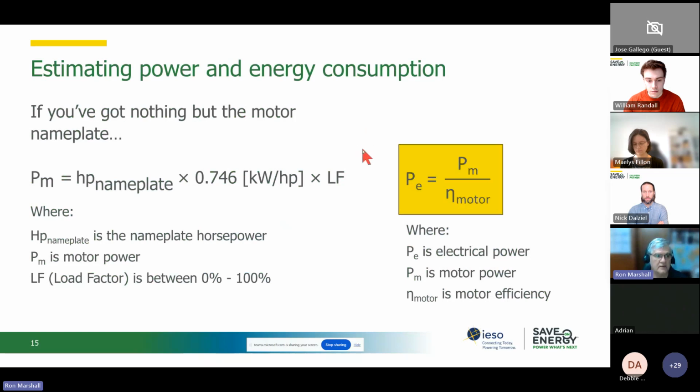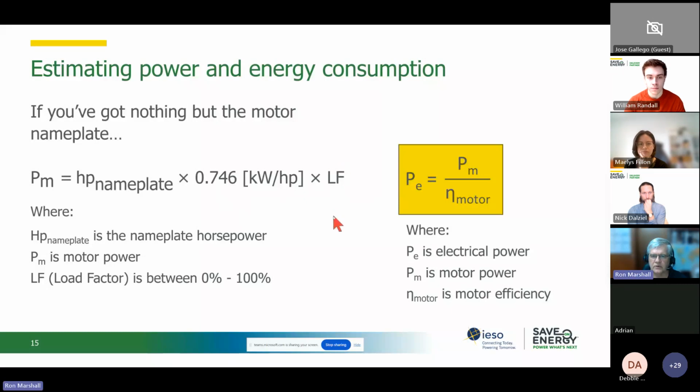this formula right here. So the motor power, horsepower nameplate divided by 746. So there's 746 watts per horsepower. And then multiply by a load factor. You might put an ammeter on the compressor and find that a 100 horse compressor, which is supposed to be drawing 100 amps at 600 volts, is only drawing 85 amps.